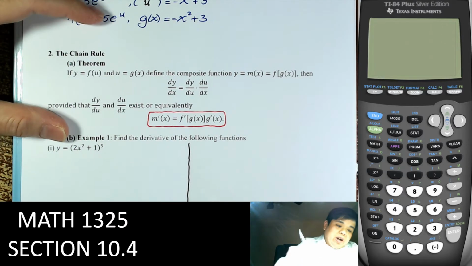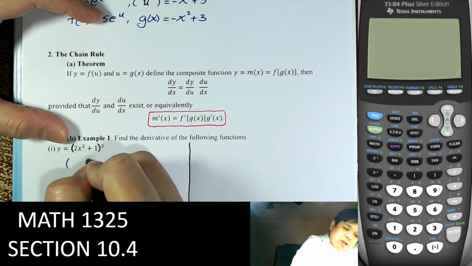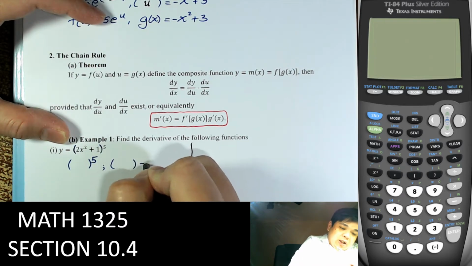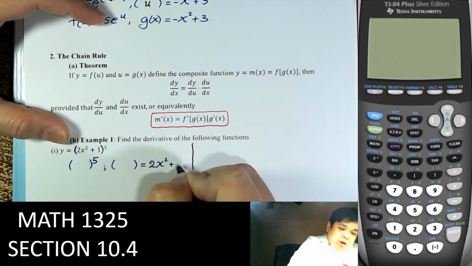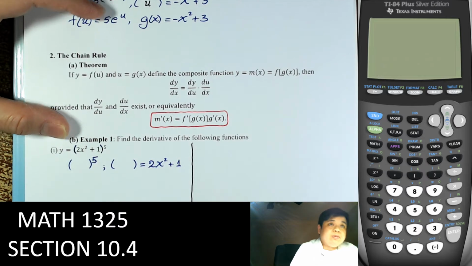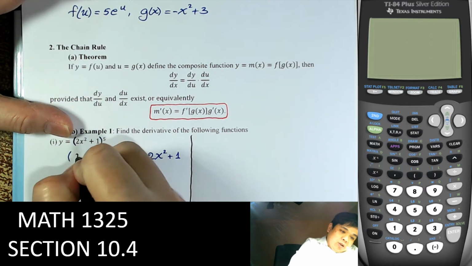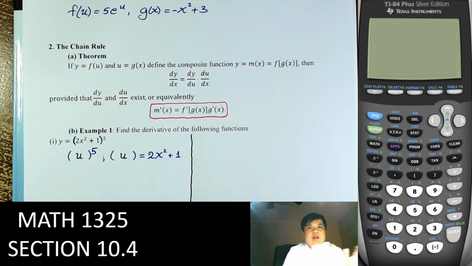So if we decompose this, the parentheses to the fifth power, and then the parentheses is equal to 2x squared plus 1. Right? Because we can put u. Right, so that we decompose it.